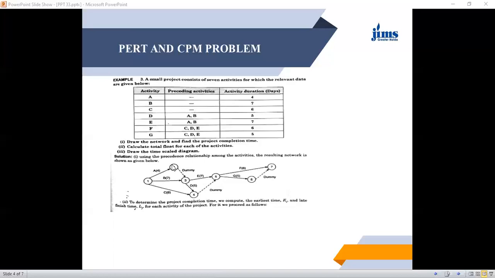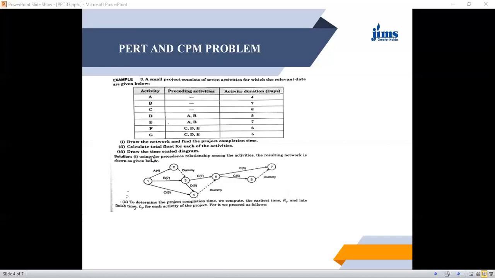Now this activity 1, 2 is a predecessor, 1, 2 means activity A. B is another independent activity which also starts from the 0th period, from the start.